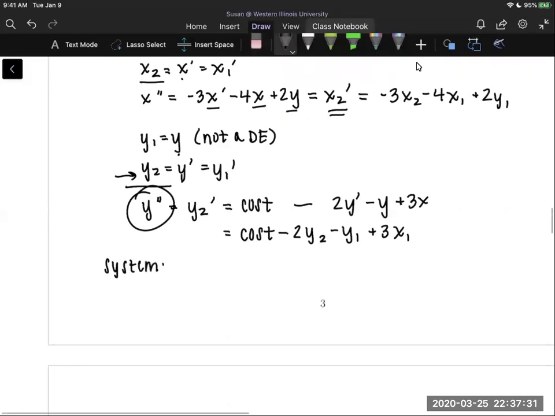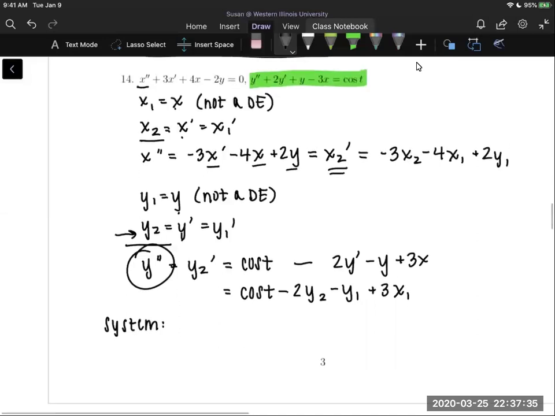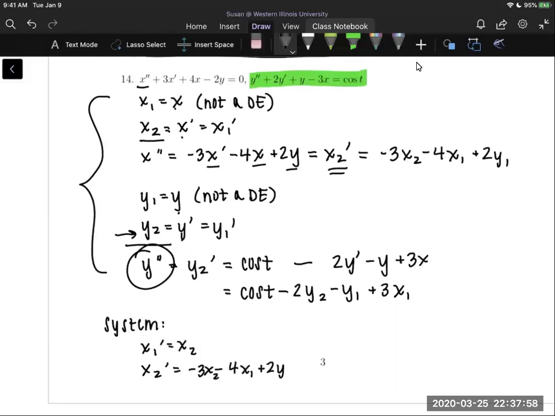And in your homework, I would like you to explicitly write this system out. So even though you have it set up here, I want to make sure that you understand which of these form the system and which do not. So for a system, we have x1 prime equals x2, and x2 prime equals negative 3x2 minus 4x1 plus 2y1.